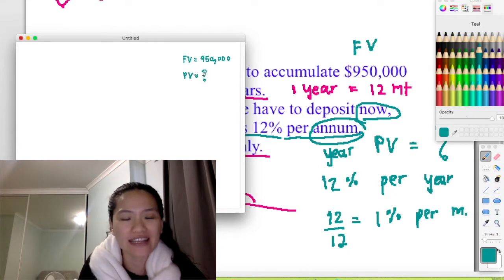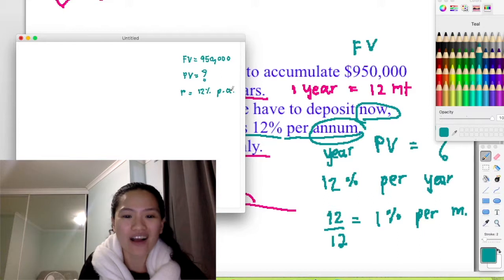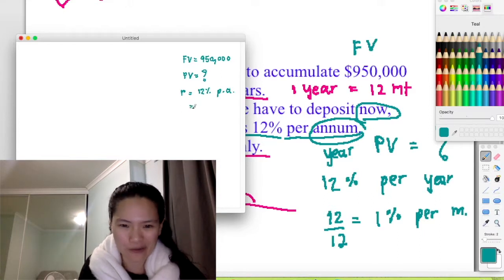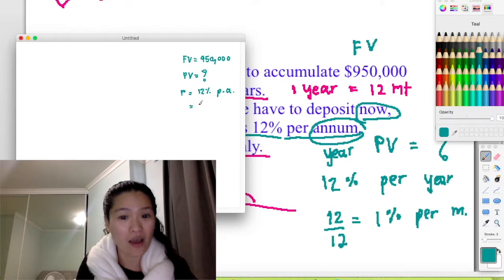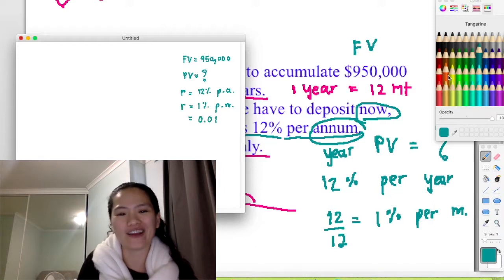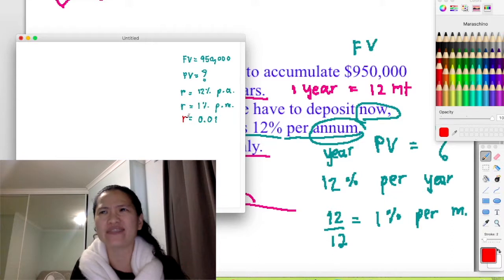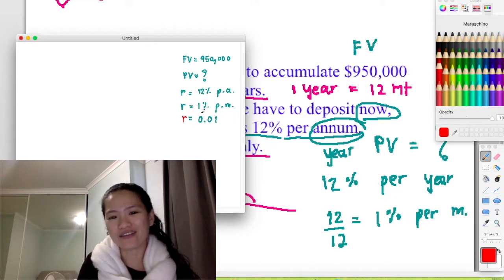And we know that the interest rate, or R, is equal to 12% per annum. Annum means per year. So 12% per annum, you divide it by 12. So it is 1% per month. But you should know that 1% is 0.01. Be careful because a lot of students say 1% is 0.1.